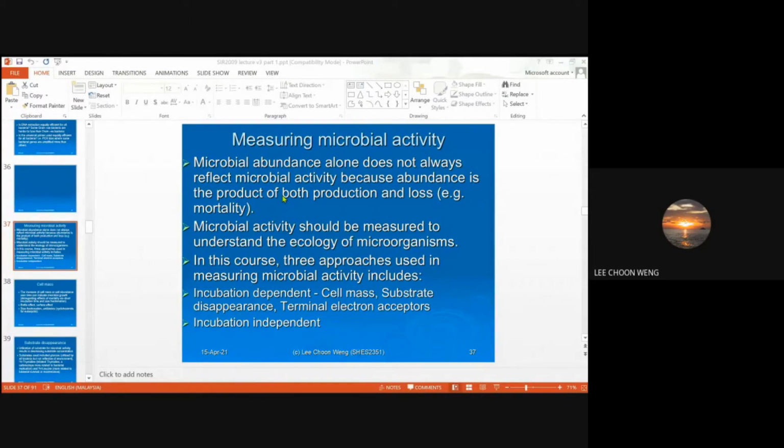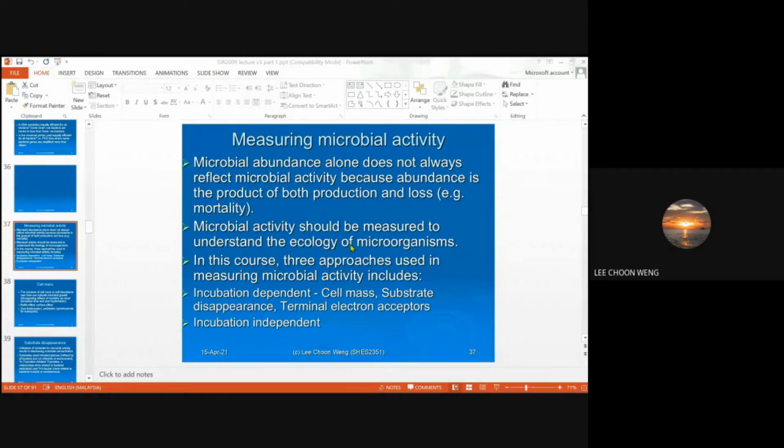So microbial activity should be measured in order to understand the ecology of microorganisms, because you know that some microbes form spores, they form endospores.